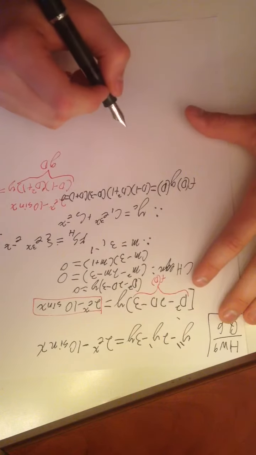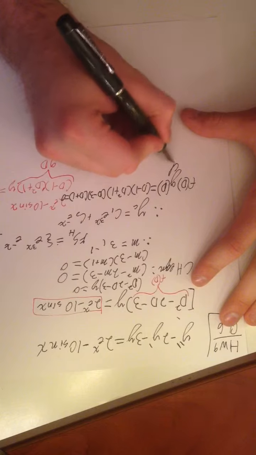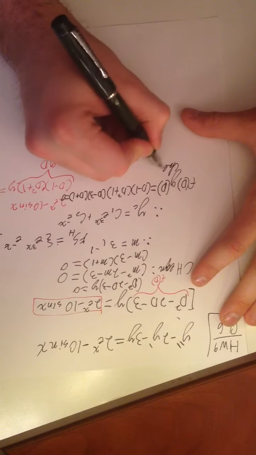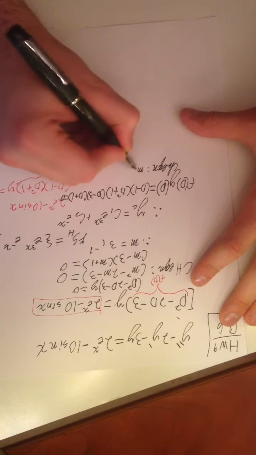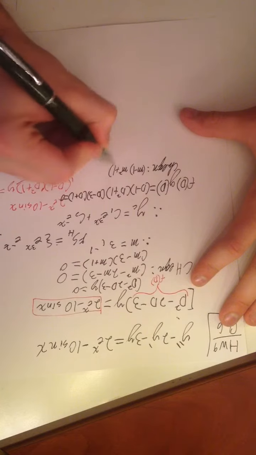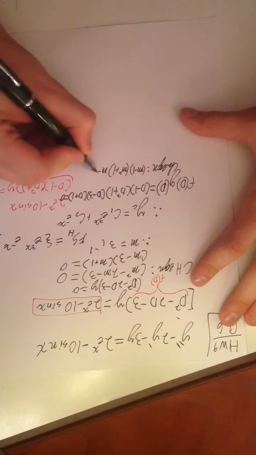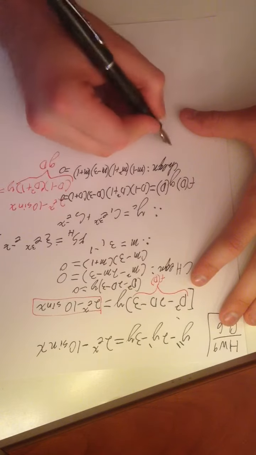Now, you can solve for m by putting it into the characteristic equation: (m minus 1)(m squared plus 1)(m minus 3)(m plus 1) equals 0.